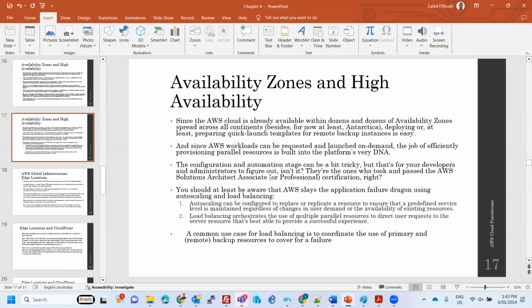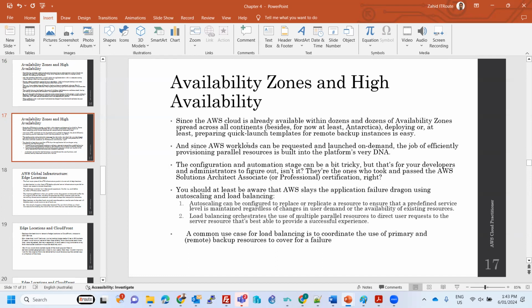The configurations and automation steps can be a bit tricky, but developers and administrators figure it out, as do those who pass the AWS Solutions Architect Associate certification. You should at least be aware that AWS slays the application failure dragon using auto scaling and load balancing.